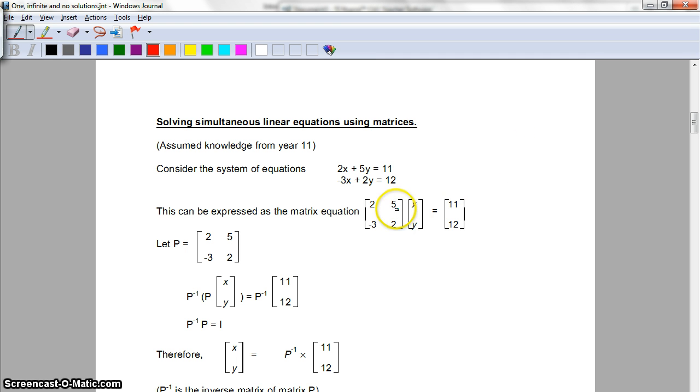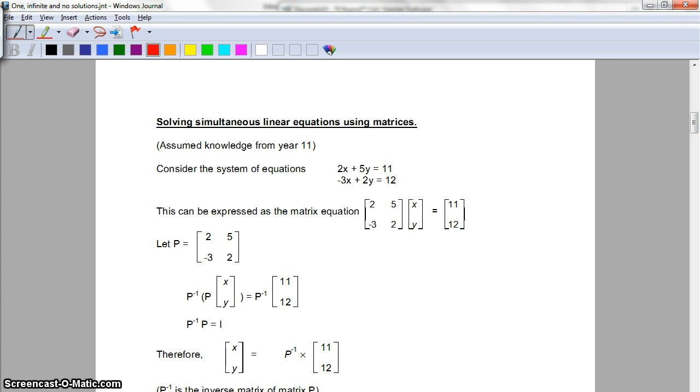So if we get the inverse of this matrix, then on both sides we can get rid of this matrix here. The P's will disappear, and that means we also need to multiply the inverse on the other side.